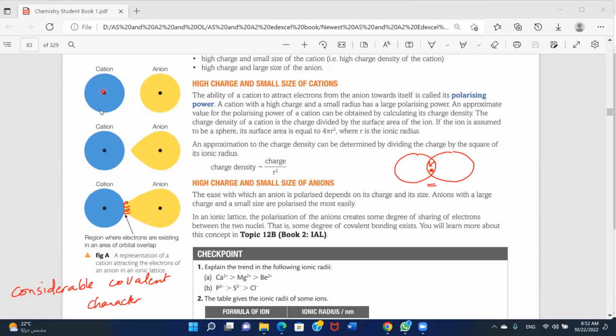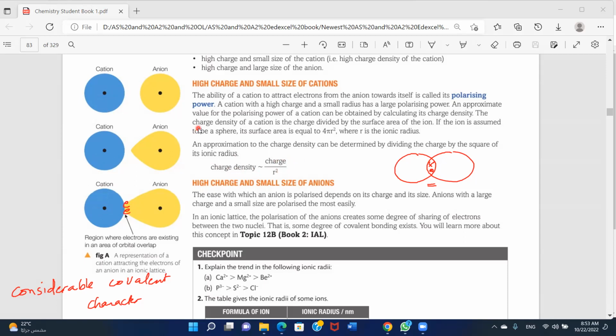And of course, the polarization power increases when the charge density increases. The charge density is the charge over radius squared. So the more the charge, a +2 charge or a +3 charge, the higher the charge density and the higher the polarization power. The smaller the radius also means a high charge density and a high polarization power.